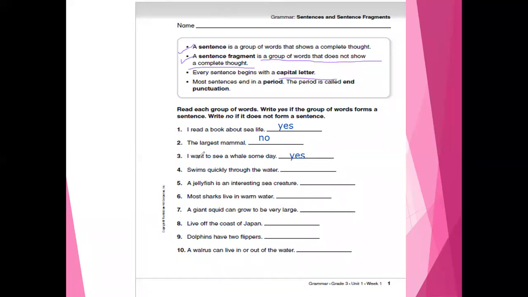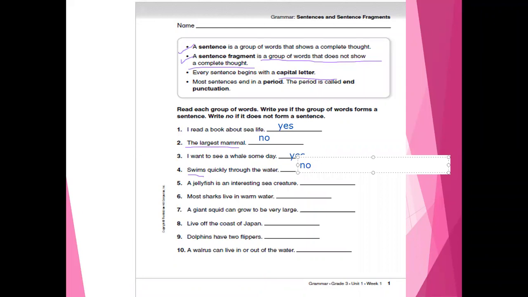Look at this fragment. It starts with a subject, and here the largest mammal is a subject without a predicate or a verb after it. So here it's no, and here it begins with a verb, but we don't know who swims quickly through the water, so it's not a sentence. We're going to write no.